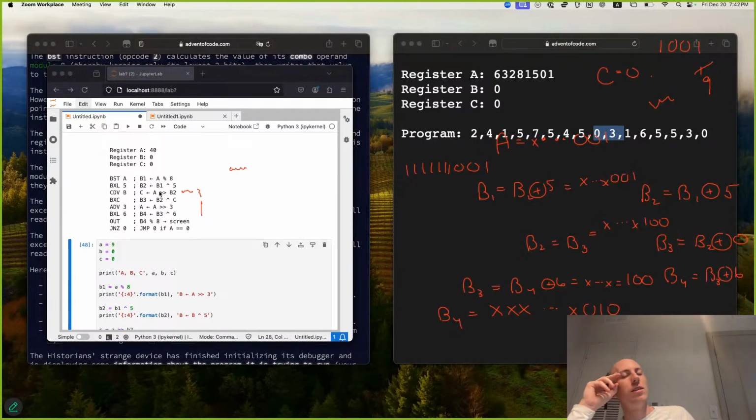B2 is potentially not going to be big enough to completely destroy A. So we're going to have to take into account C. C might be big, so C is going to be tough to reason through.